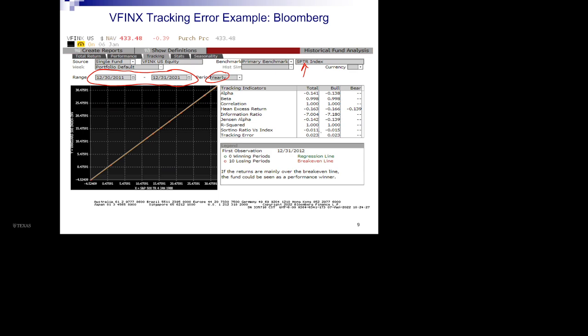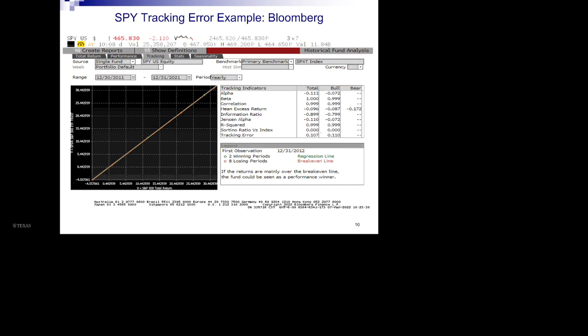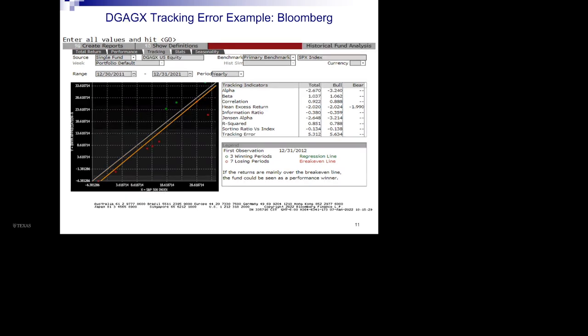And you can see that 2 basis points for the Vanguard is reported as a tracking error, with rounding, 11 basis points for the S&P 500 SPDR, or the ETF. And then for the actively managed BNY Mellon Appreciation Fund, the 5.31% tracking error is indicated as well.